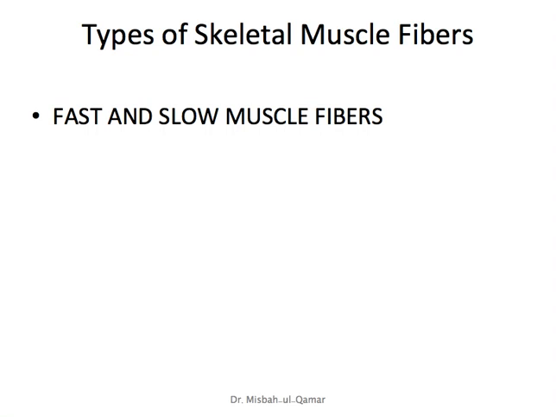Types of skeletal muscle fibers include a classification which categorizes them into fast and slow muscle fibers. This classification is based on the biochemical capacities of the muscle fibers.